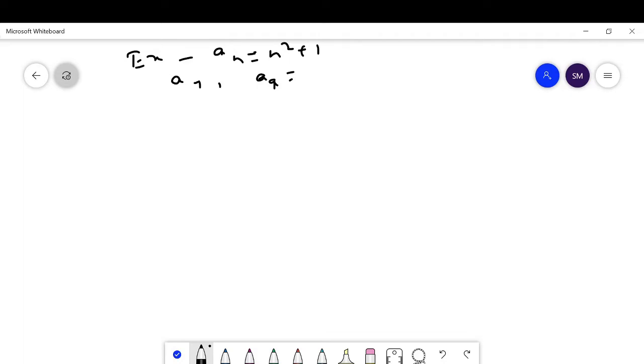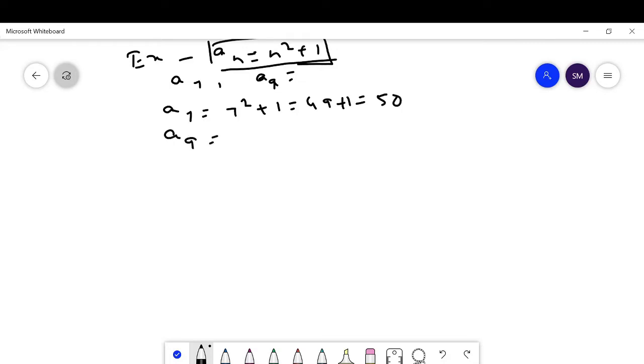A7 is 7 square plus 1, which is 49 plus 1, equal to 50. Then A9, the ninth term, is 9 square plus 1, which is 81 plus 1, equal to 82. So A7 is equal to 50 and A9 is equal to 82.